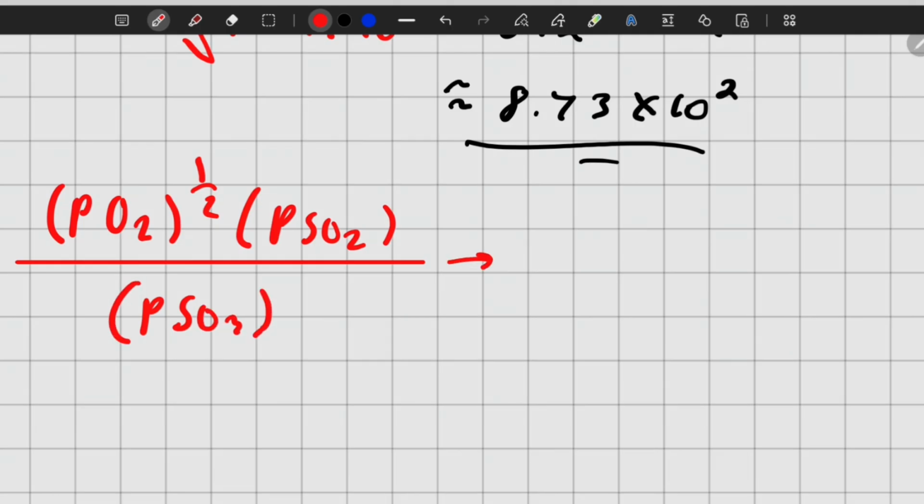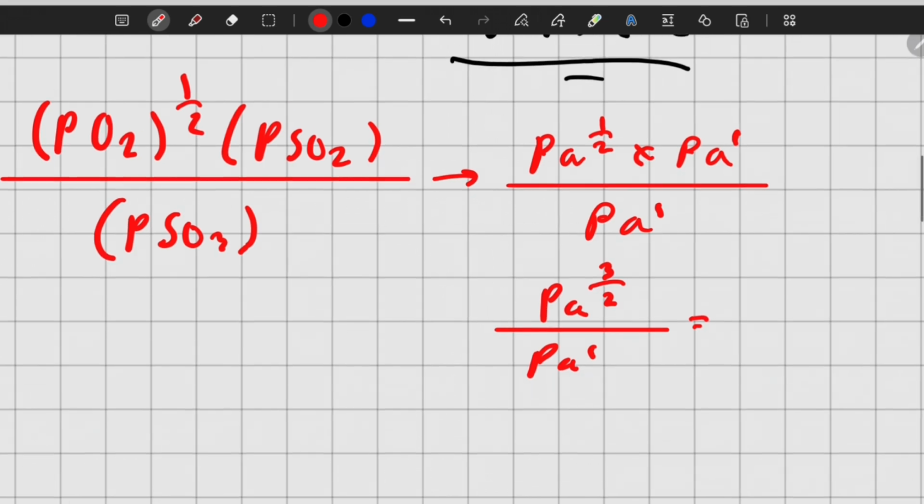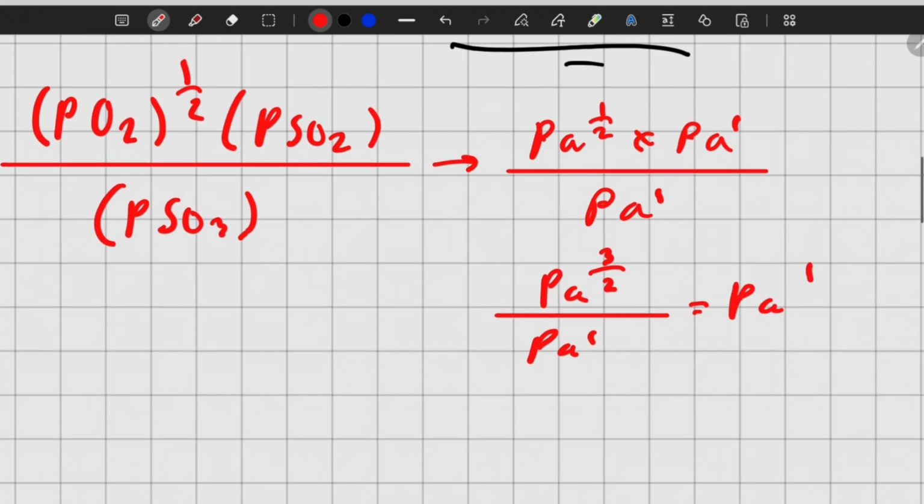They could give us kilopascals or pascals; I'm just going to use pascals. So this would be pascals to a half times pascals. A half plus 1 would be pascals to the power of 3 over 2, because you add the indices. Then this is pascals over 1, and when you divide, you subtract the indices, so it will be pascals to the power of a half.